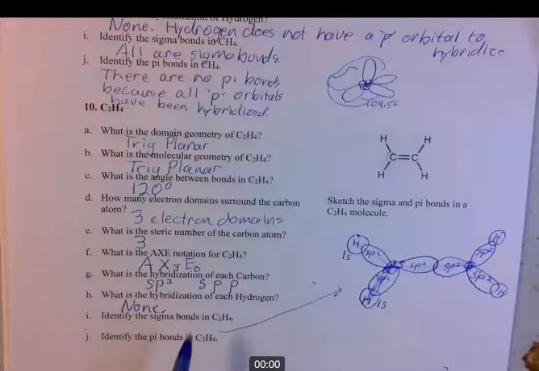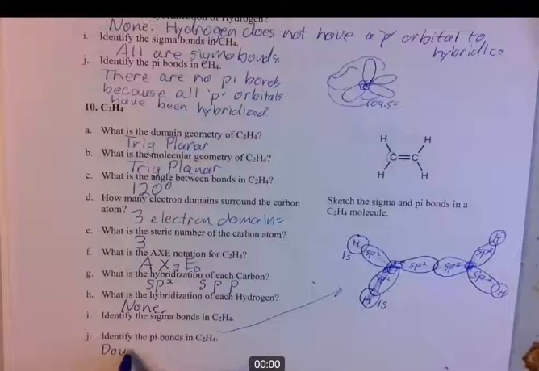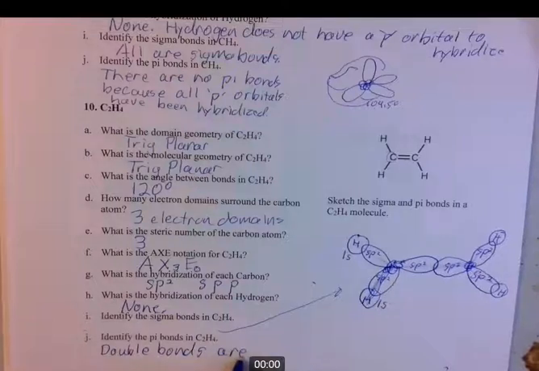This is what double bonds are. Double bonds are formed by unhybridized p orbitals.